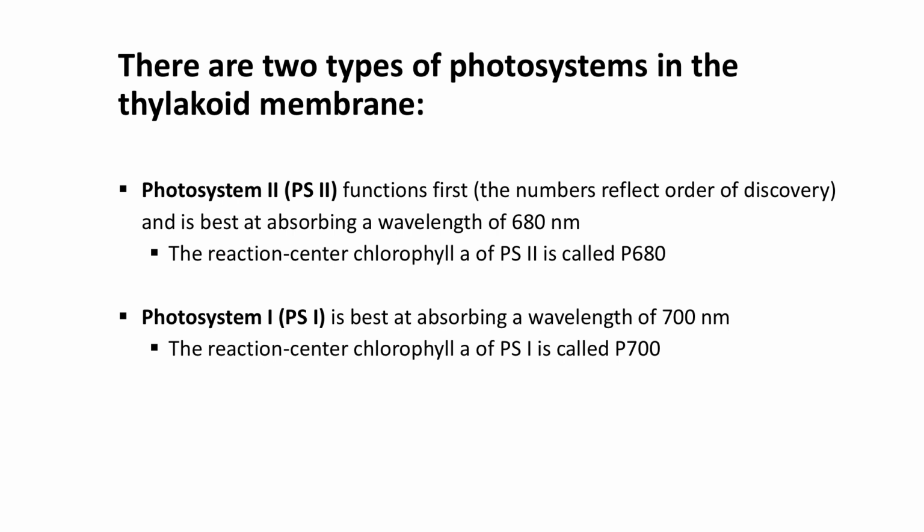And this photosystem is best at absorbing a wavelength of 680 nanometers. The reaction center chlorophyll A of PS2 is called P680. Photosystem 1, or PS1, is best at absorbing a wavelength of 700 nanometers. The reaction center chlorophyll of PS1 is called P700.